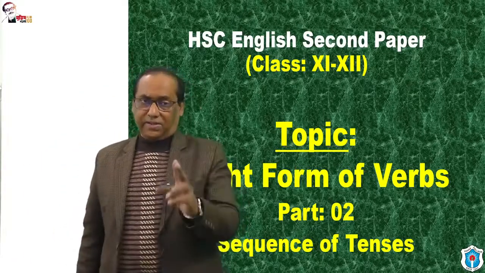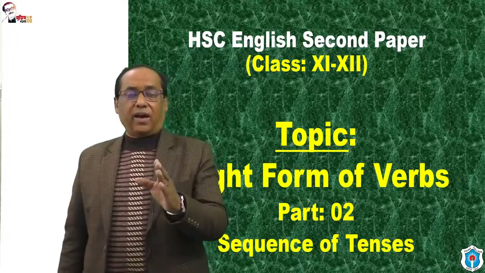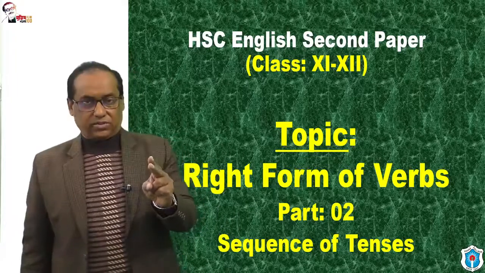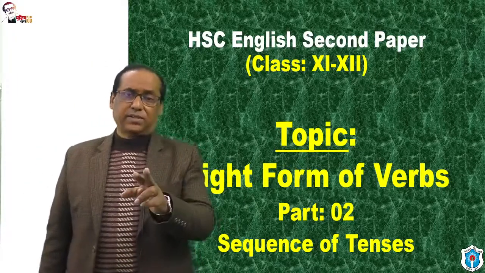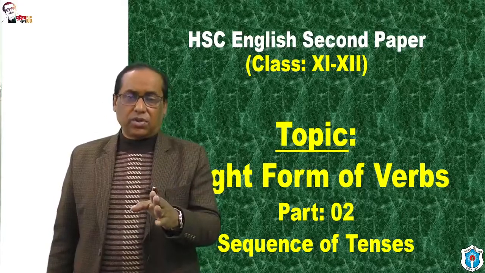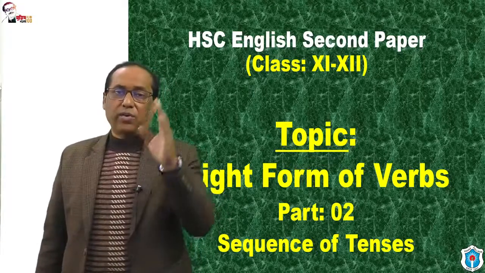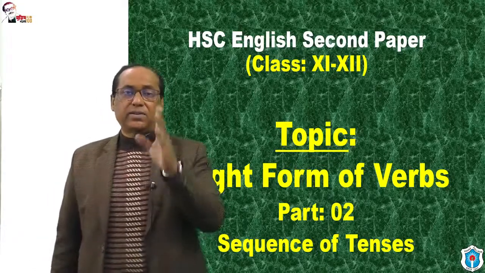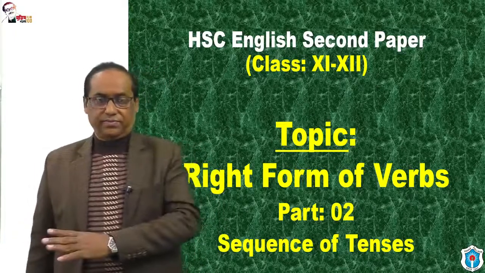As in complex sentence or compound sentence, there are at least two clauses. Okay? Suppose in complex sentence, there is a principal clause or independent clause, and one or more than one subordinate or dependent clause or clauses.